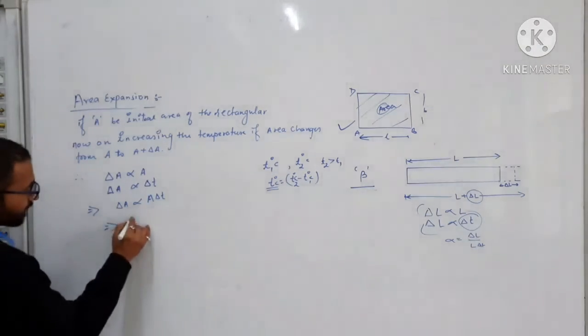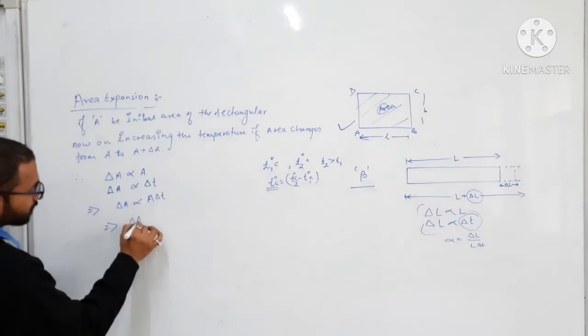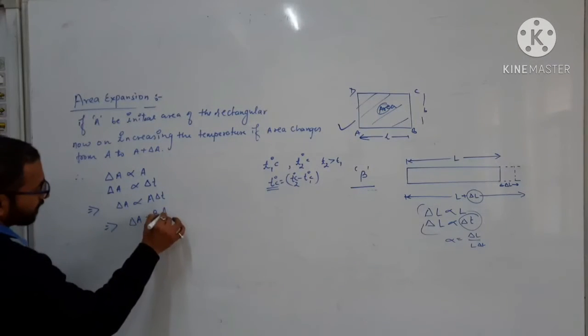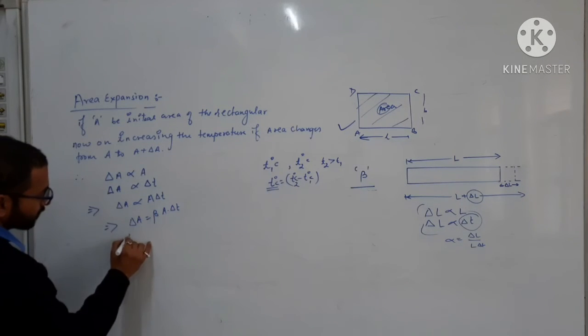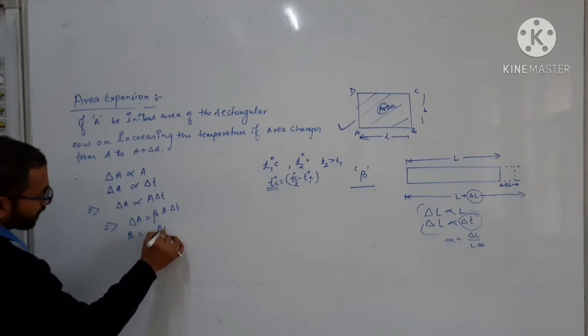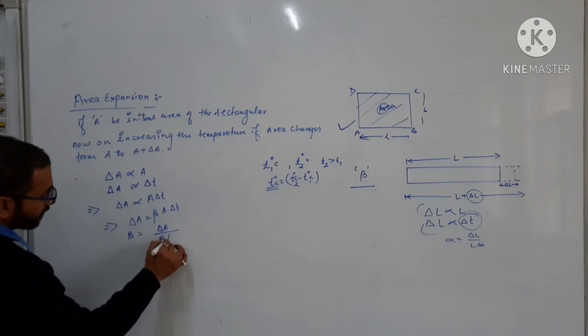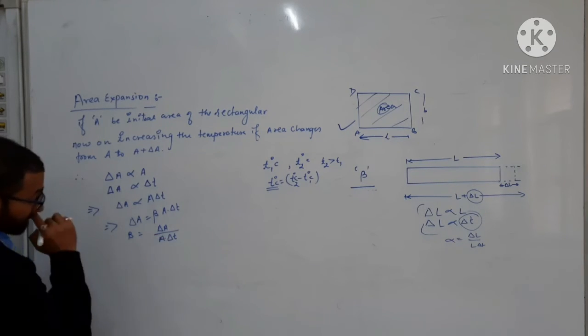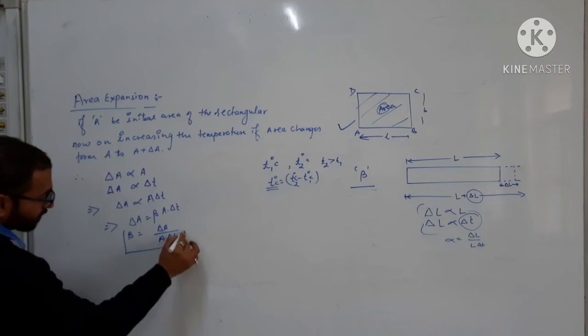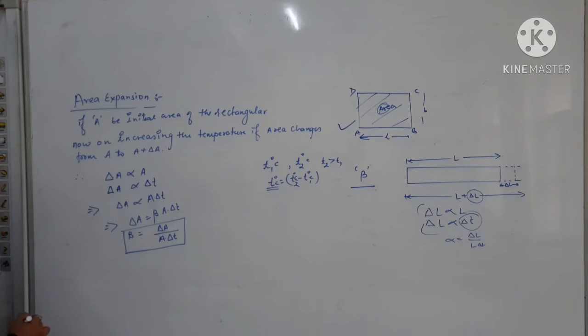So we will see that on removing the proportionality sign, I will use beta A into delta T. So beta is equal to delta A upon A into delta T. So now from this calculation we will get the value of beta.